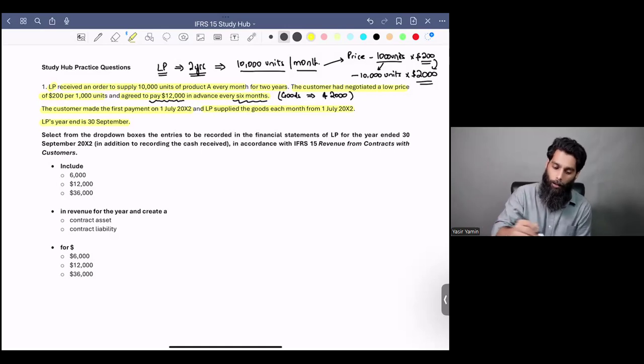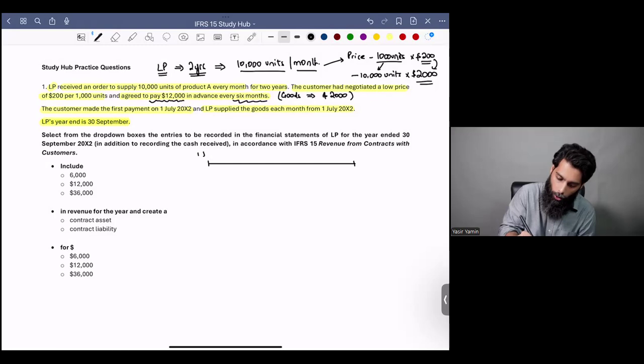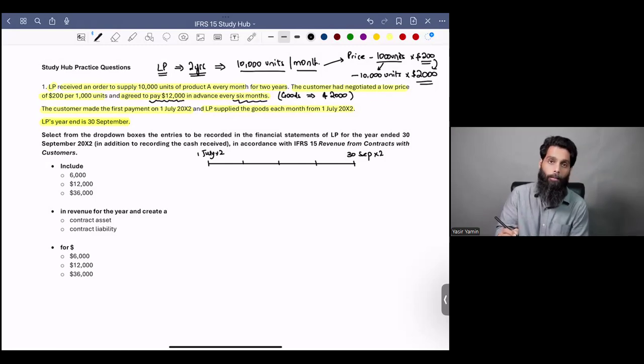Okay. So LP's year end is 30th September. We started the contract on 1st July X2. We have to go till 30th September X2. And each month we are supposed to deliver $2,000 worth of component.